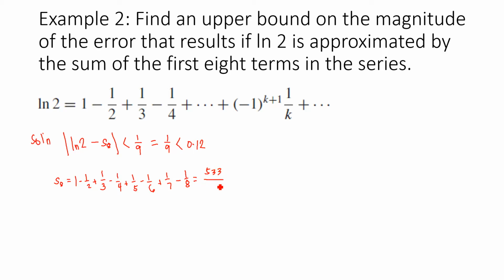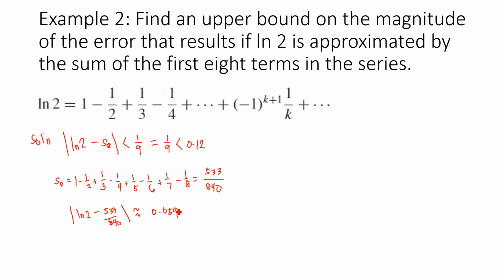Using the calculator, you could have 533 over 840. Thus, in this case, we can also use our calculator to check what is the exact value of the absolute value of natural logarithm of 2 minus S sub 8, where S sub 8 is 533 over 840, which is approximately equal to 0.059.